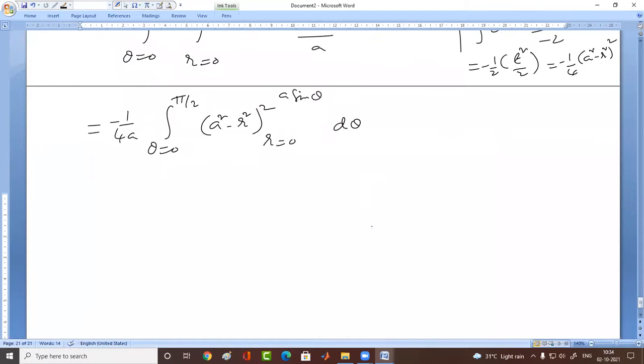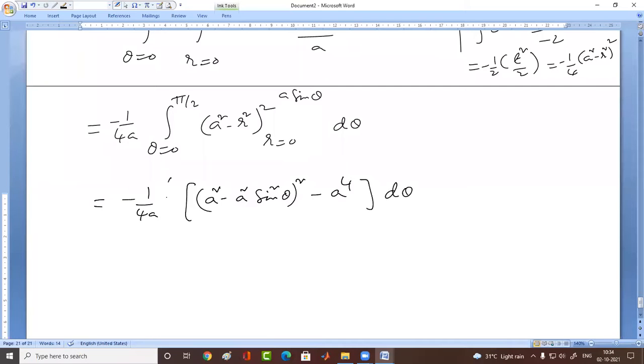Now substitute the limits. Minus 1/(4a). If you put r equals a sin theta, (a squared minus a squared sin squared theta) whole squared. Now, if you put r equals 0, (a squared) whole squared is a^4, d theta.